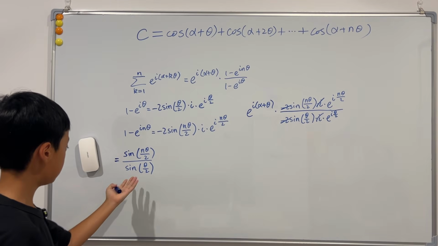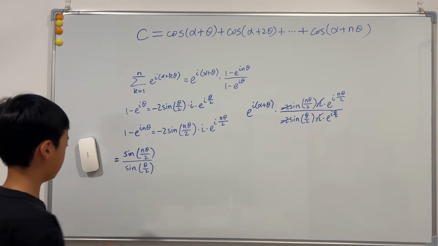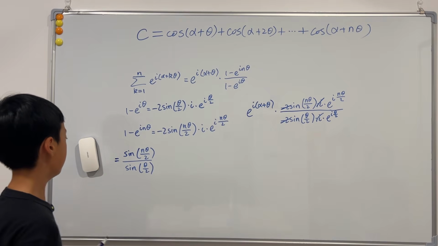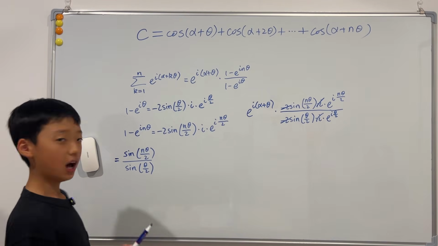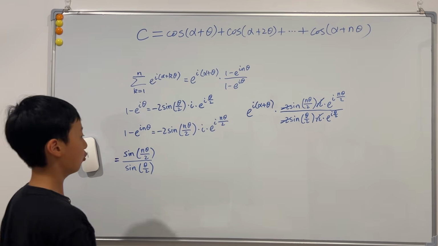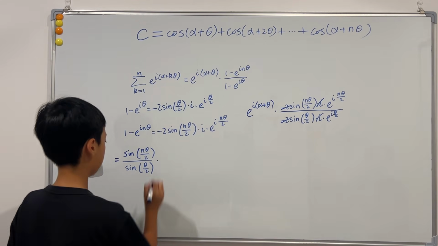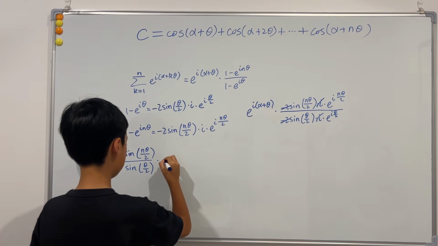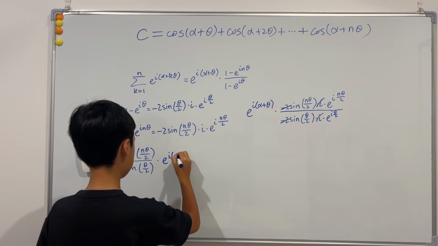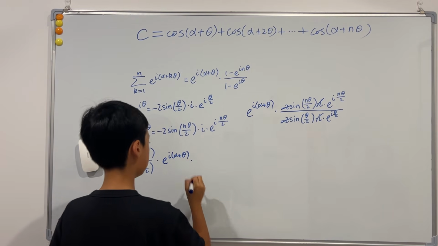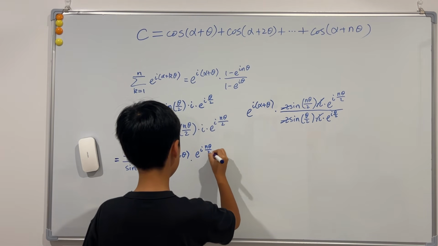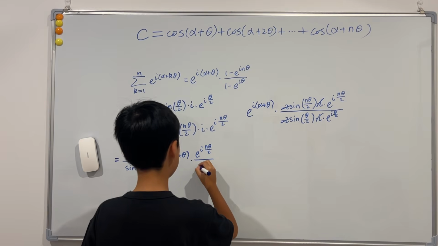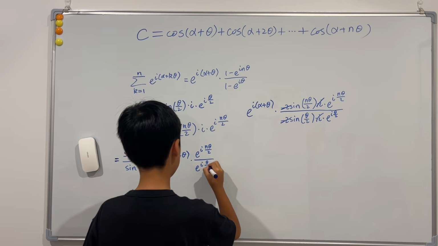And actually, fun fact, this is something known as the Dirichlet kernel. And so we actually could have just used this formula from the start, but I didn't want to because this is cooler. Anyways, now we have that. So e^(i(α+θ)), and then multiply by e^(inθ/2) over e^(iθ/2).